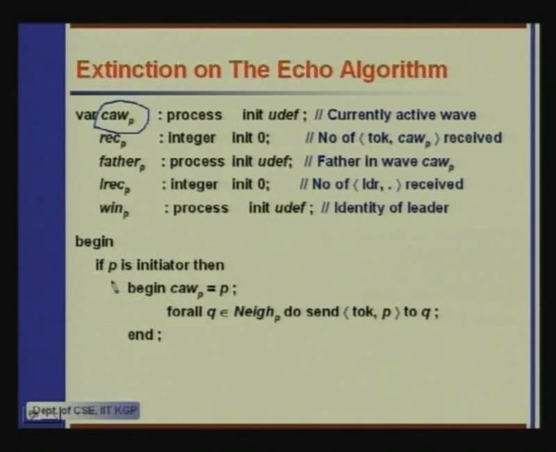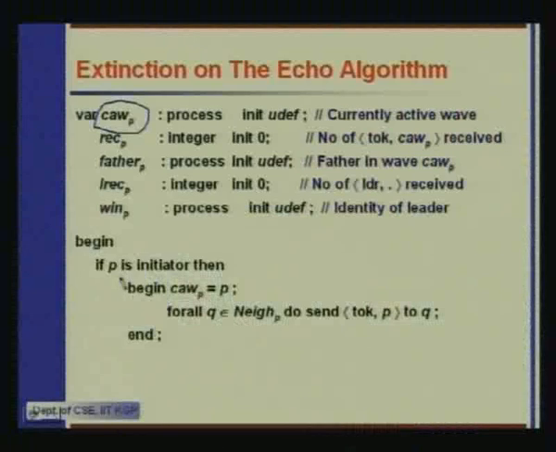Well, now let us see how the algorithm starts. If P is an initiator, because there can be many initiators, all the contestants will be initiators. Each contestant will start its own wave, right, like its election manifesto or propaganda, okay, and then that will spread, right, and the one whose propaganda is the best will win, right.